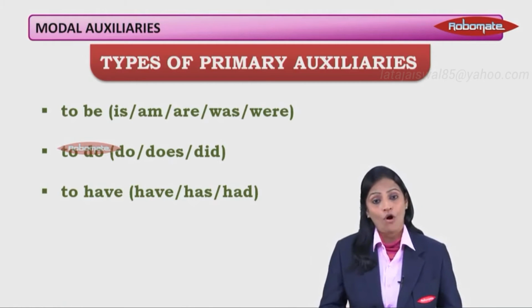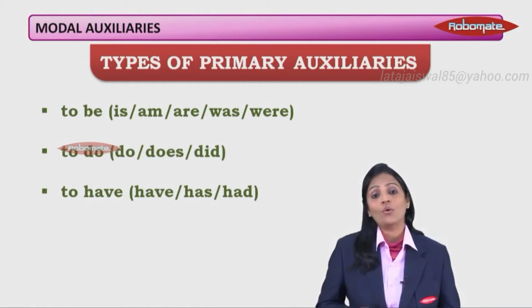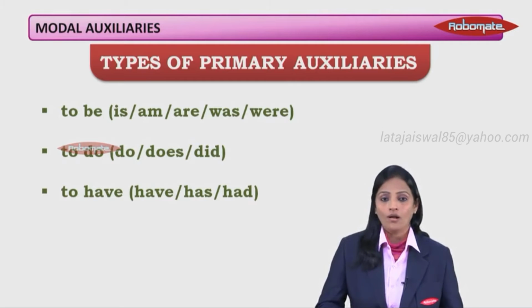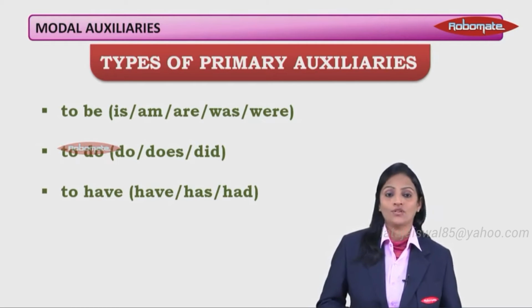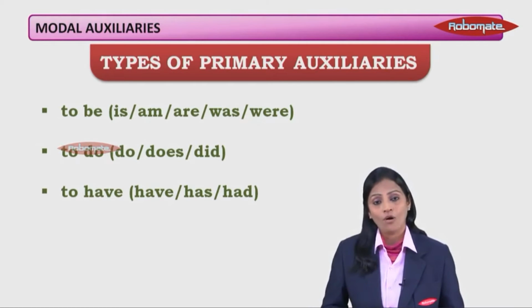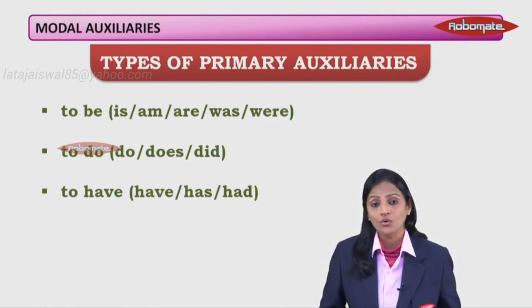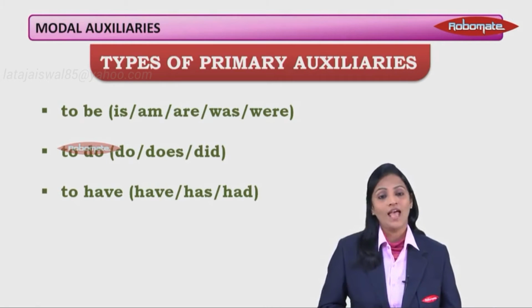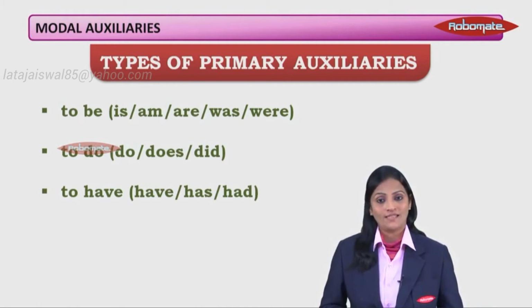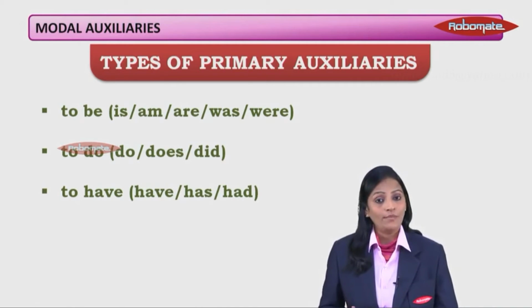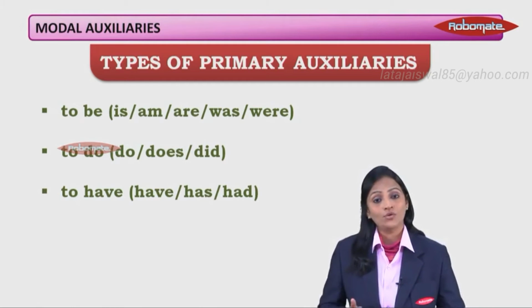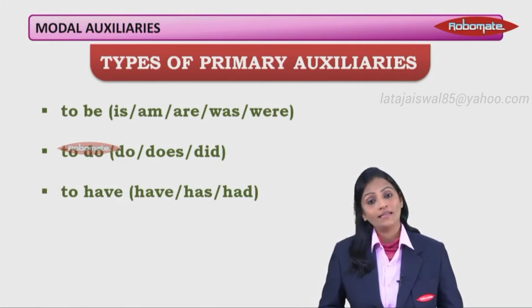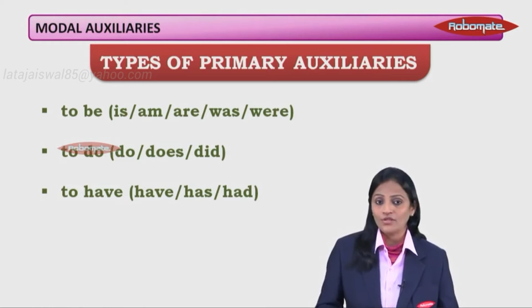A to do form is used in order to show emphasis or a negation or a question, whereas a to have form is again as an auxiliary used to show tenses, that is the perfect tense and the perfect continuous tense. So, this was primary auxiliaries, the three examples: to be, to do, to have, and what uses they have I just told you.